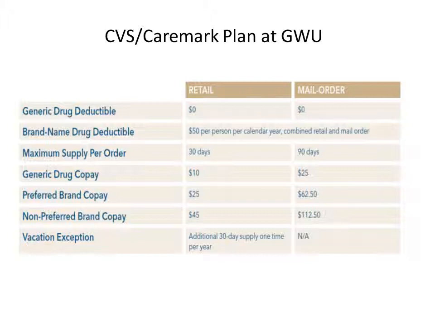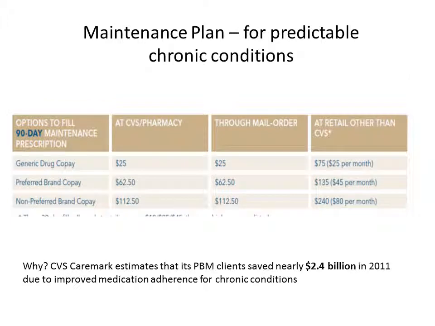And as one person mentioned in another class, you could travel better when you have that 90-day supply too, because you might go somewhere where you lack access to medications. But GW is nice in that it also offers this additional 30-day supply one time per year. If you look at the bottom of this diagram, you see vacation exception, and that essentially helps people who are going to be traveling for a long time and who are going to actually need their drugs.